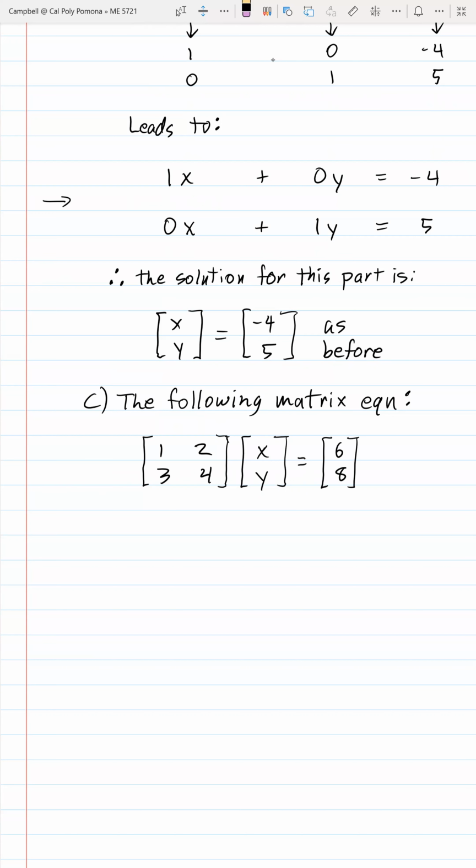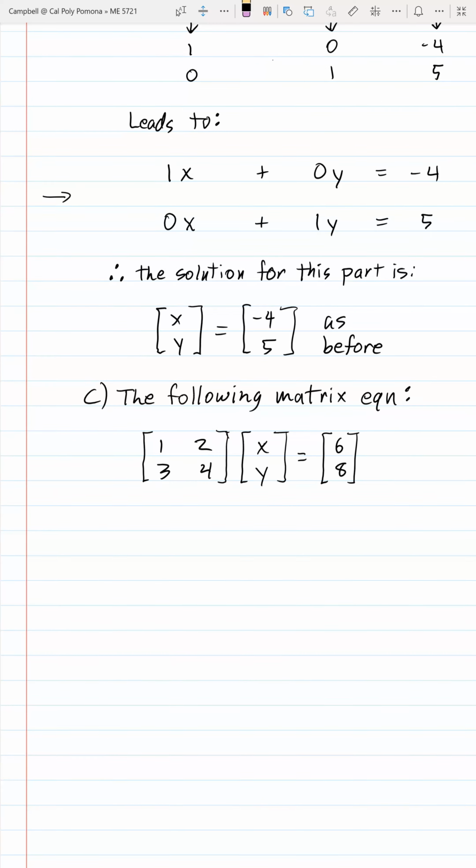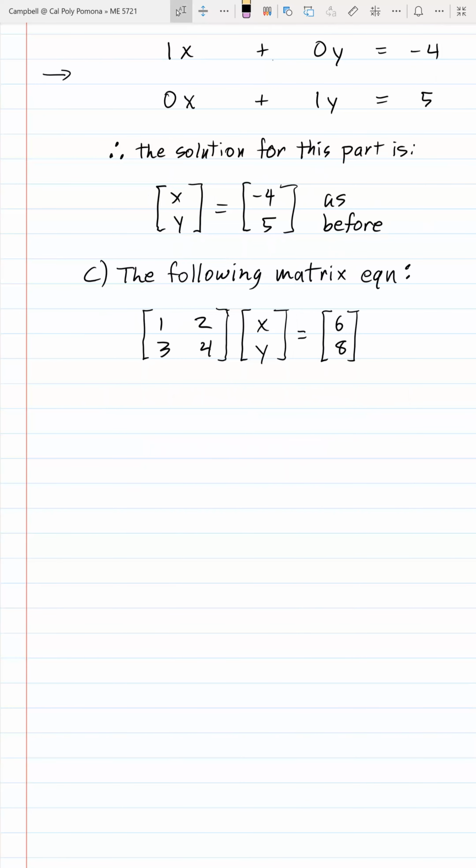And there we go. We can see now that we've completely encoded all the information that was in the simultaneous equations, and there's nothing implicit about it, unlike in the augmented matrix. Here, everything is right there. We just go ahead and work through our standard matrix multiplication operation. We completely recover our original simultaneous equations.